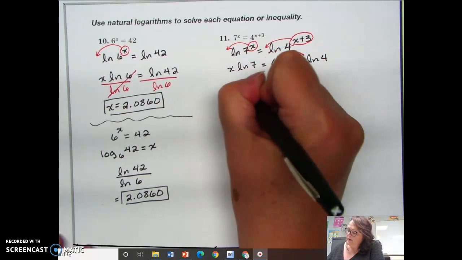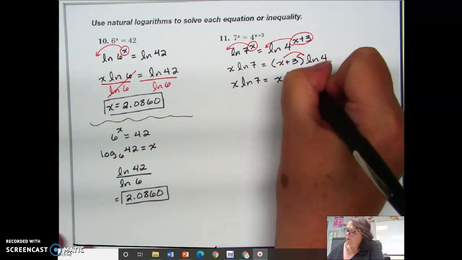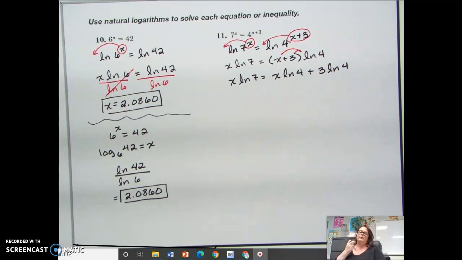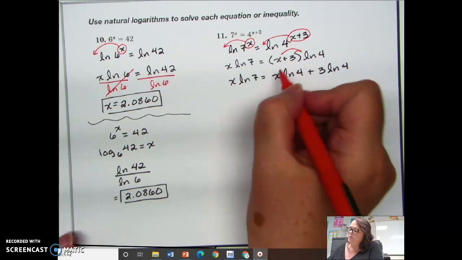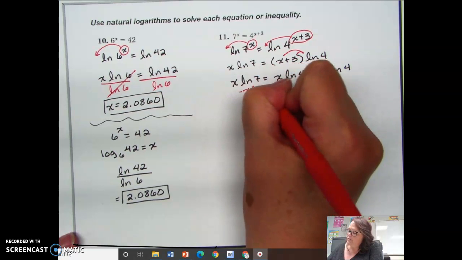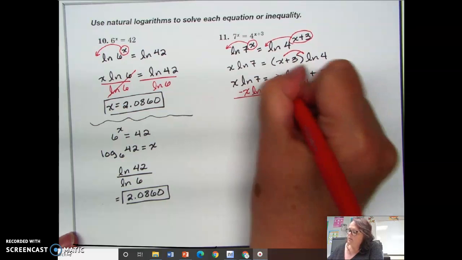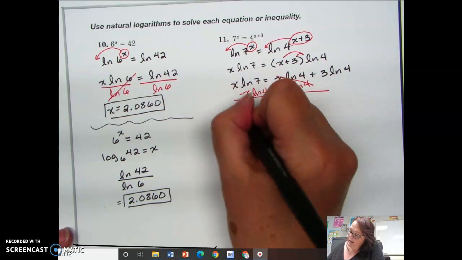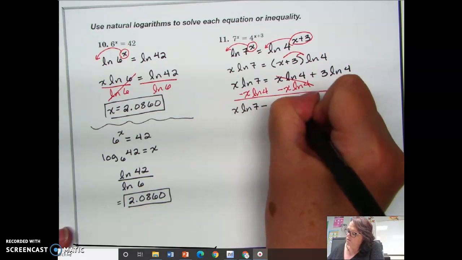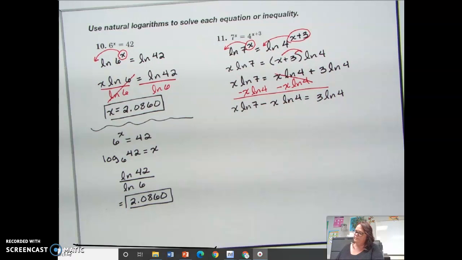So we get x times the natural log of 7 is equal to x times the natural log of 4 plus 3 times the natural log of 4. And then our next step is we want to get all the x values on the left and all the non-x values on the right. So I'm going to subtract x natural log of 4 from both sides. So this cancels. So we have x times the natural log of 7 minus x times the natural log of 4 is equal to 3 times the natural log of 4.